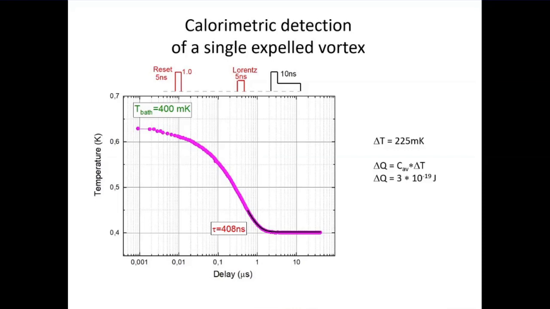So here I extend the notion of the particle to this object. This is kind of an artificial particle, this vortex, but it's a well-defined quantized object, and we measure the heat arising from manipulating this object.